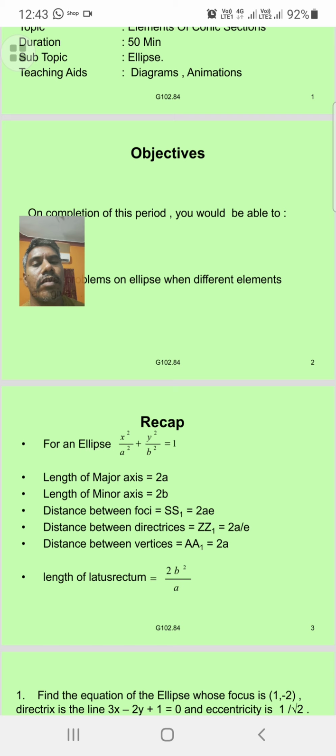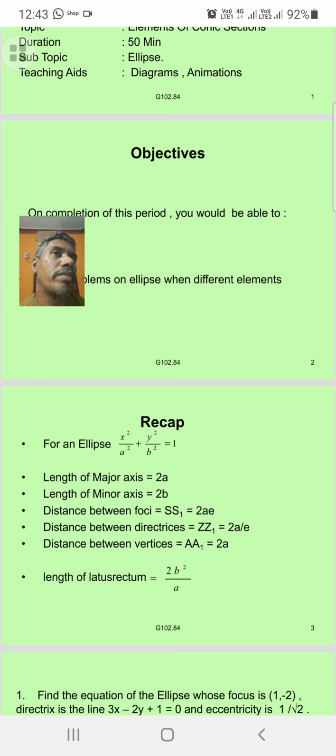Sometimes you have to understand the data and think which form is suitable. Sometimes based on the data you can imagine the diagram, and then you can clearly know which formula to take for the elements or equation you need.